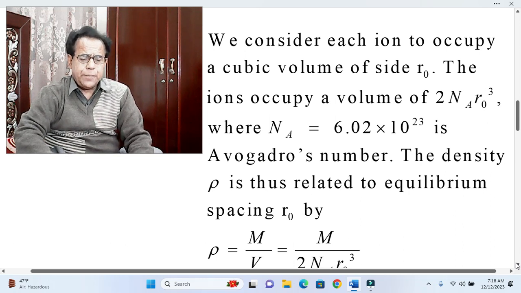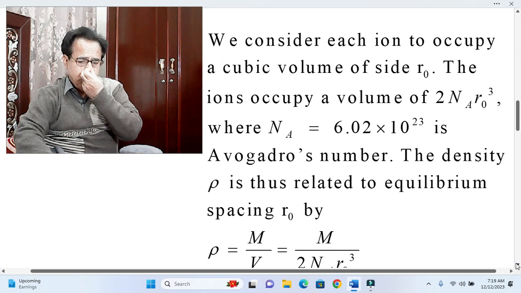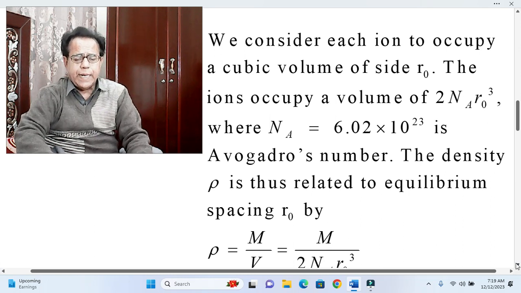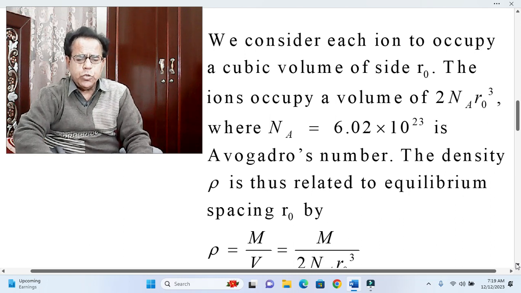The ions occupy a volume of 2 N_A R naught cubed, where N_A is equal to 6.022 times 10 to the power 23.